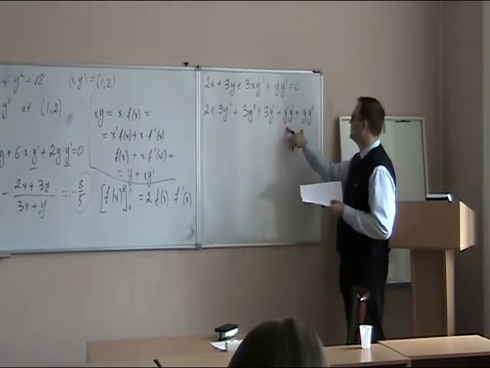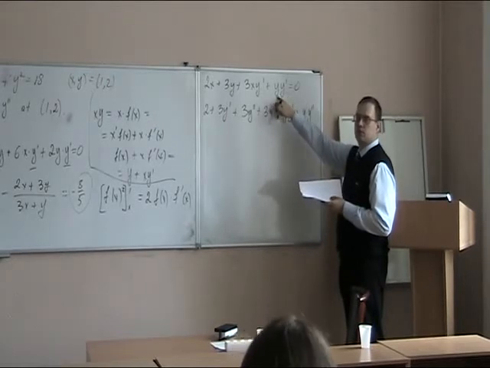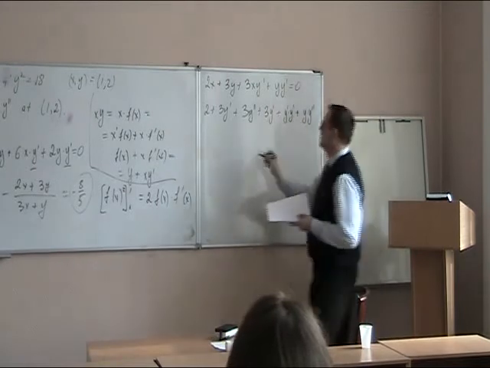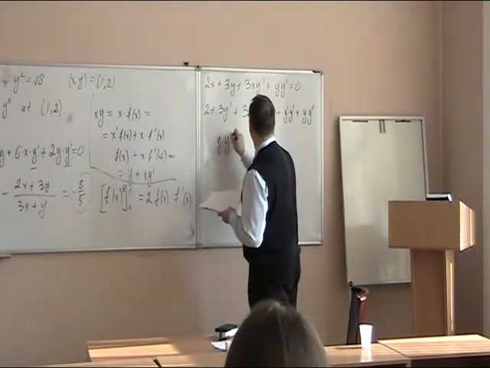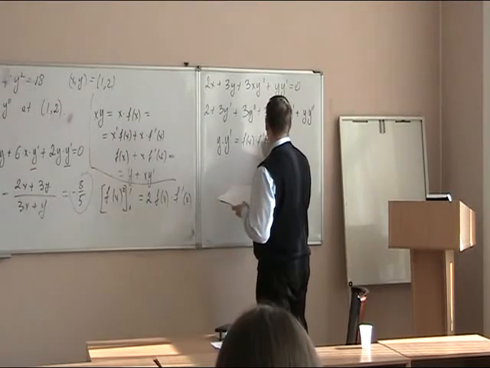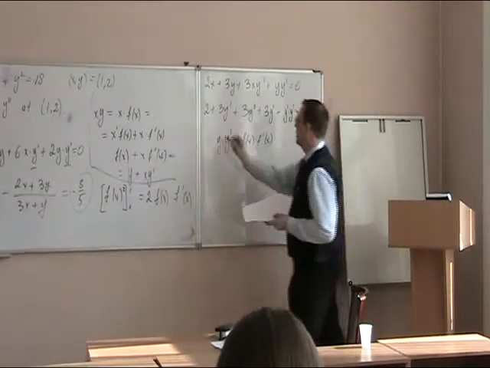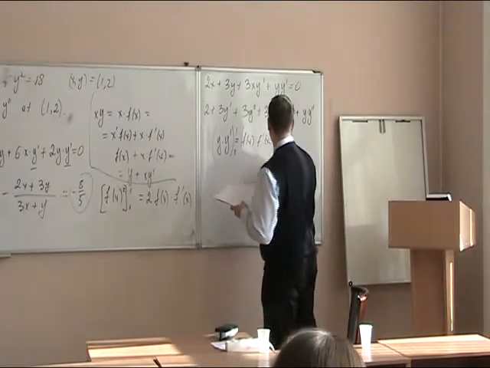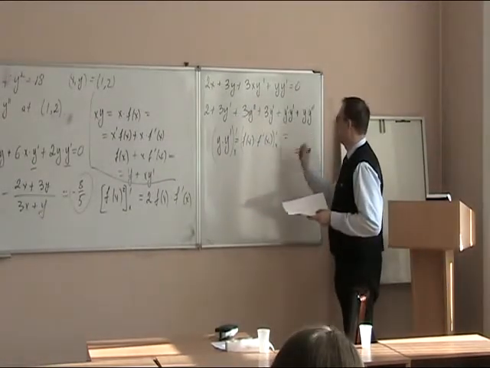Is it clear why I just solved if we differentiate this one? Any questions about this one? Y times y prime is actually f of x times f prime of x. And now when we differentiate this one with respect to x, what do we get?